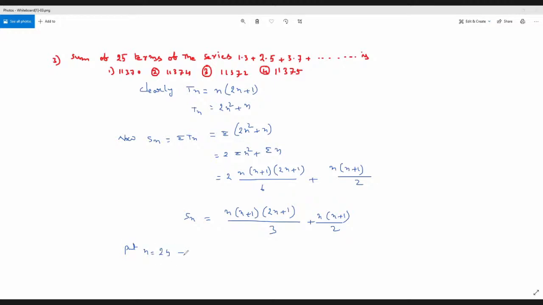If n is equal to 25, then S25 is equal to 25 into 25 plus 1, that is 26, into 25 into 2, 50 plus 1, 51, divided by 3, plus 25 into 26 divided by 2. Then calculate.